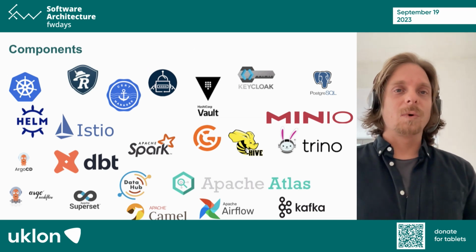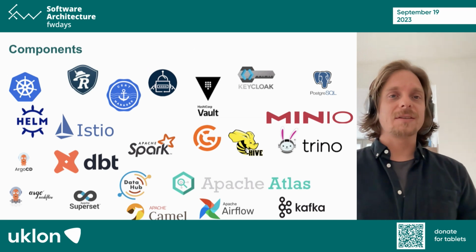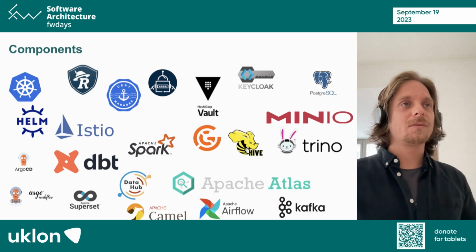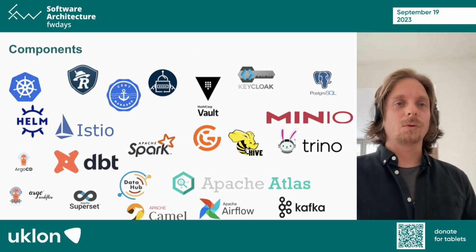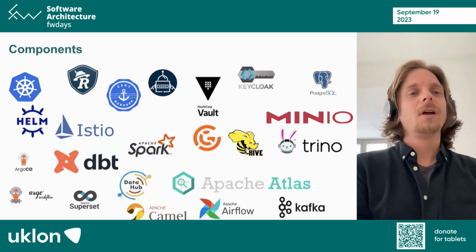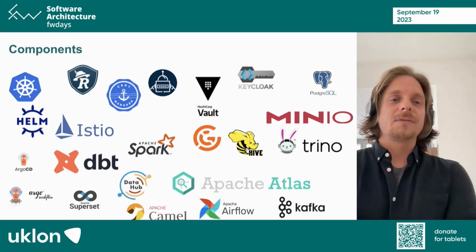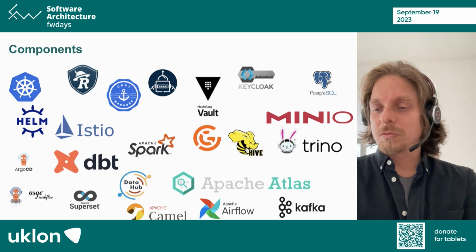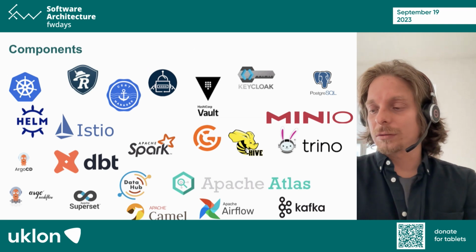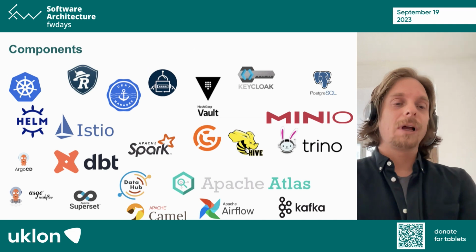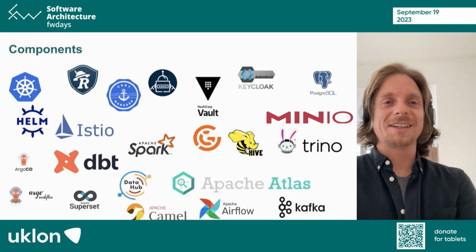For example, one of the recent cases was the upgrade of Kubernetes to 1.26 from version 1.24. There were a couple of resources that were deprecated. Let's take, for example, Apache Camel. That's a hot topic in our team right now.